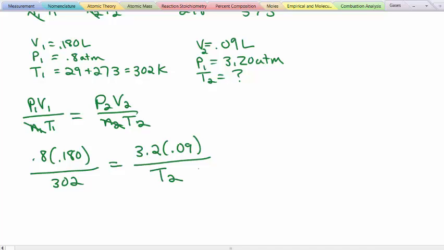That gives me 3.2 times 0.09 times 302, so 86.976, equals 0.8 times 0.18, which is 0.144, times T2. And so T2 is going to be equal to 604 Kelvin.